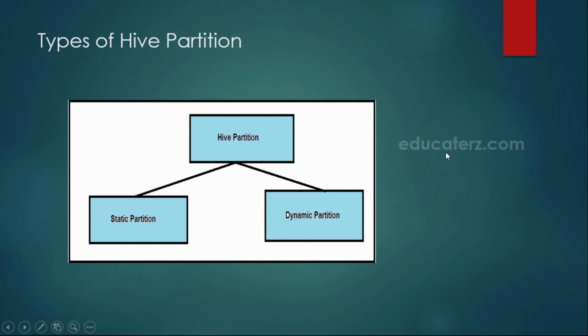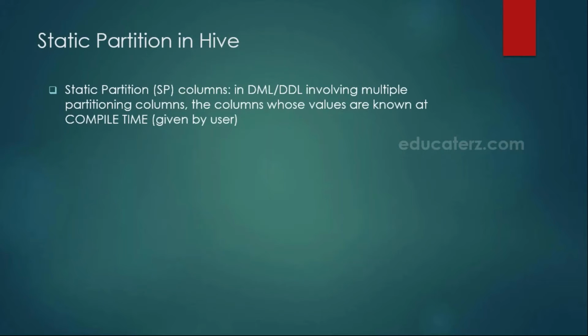We have two types of partitions: static partition and dynamic partition. What is a static partition? The partition column values are known before execution, that means at compilation time itself you already know those values.